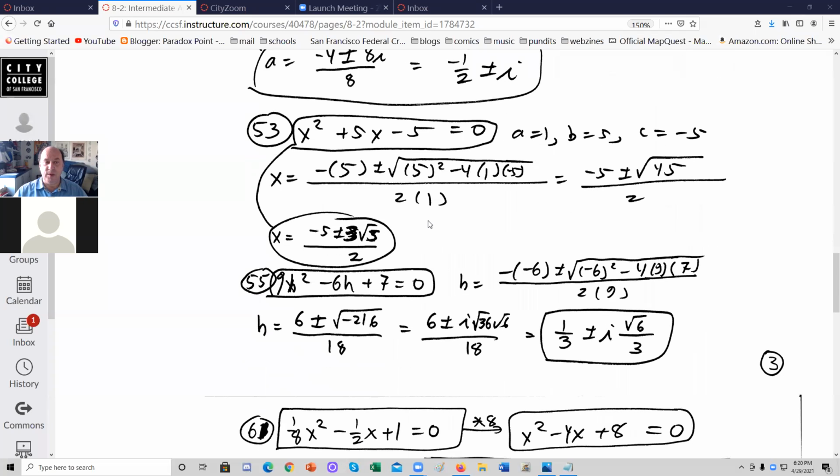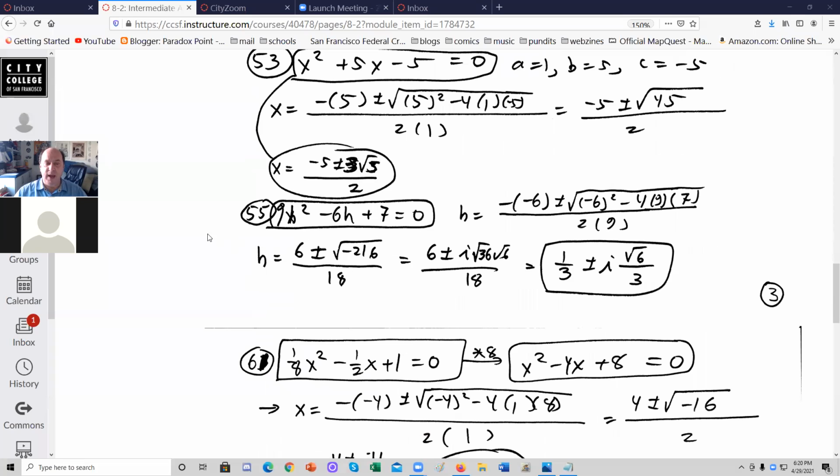Now 55 has 9h squared minus 6h plus 7 is 0. So, okay, a is 9, here and here. b is negative 6, goes here and here. c is 7, goes here. So you get 6 plus or minus root of negative 216 over 18.